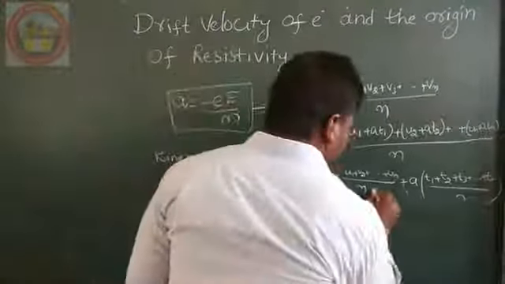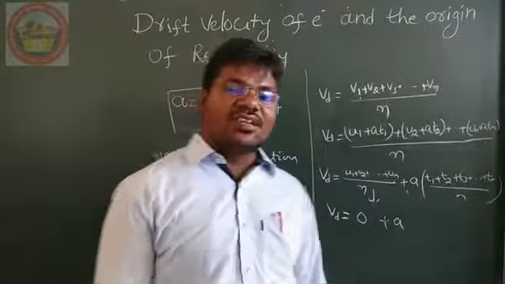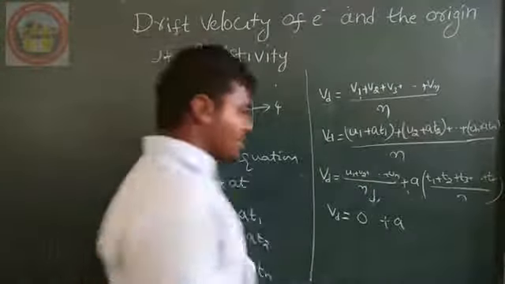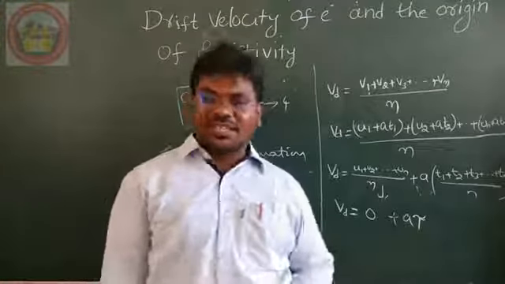This (T1 plus T2 plus T3 and so on Tn) by n, we can say is the average relaxation time, denoted tau. Here Vd is the drift velocity, a is the acceleration of electrons, and tau is the relaxation time.